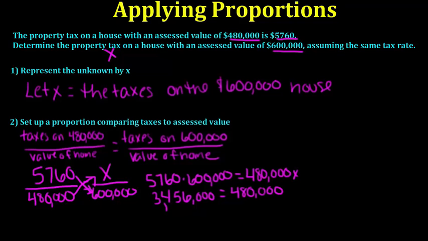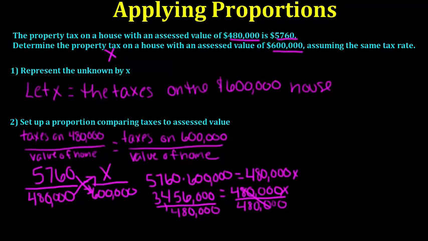We want to get x by itself. So x is being multiplied by 480,000. We want to do the opposite to get it by itself. So we divide, whatever you do to one side, do to the other, to get all the numbers on one side and x on the other. 480,000 canceled that out.